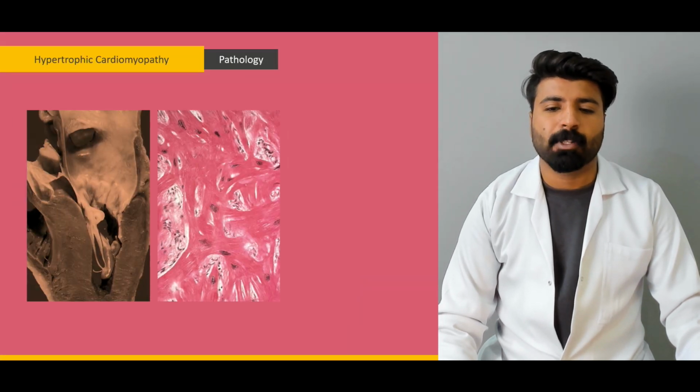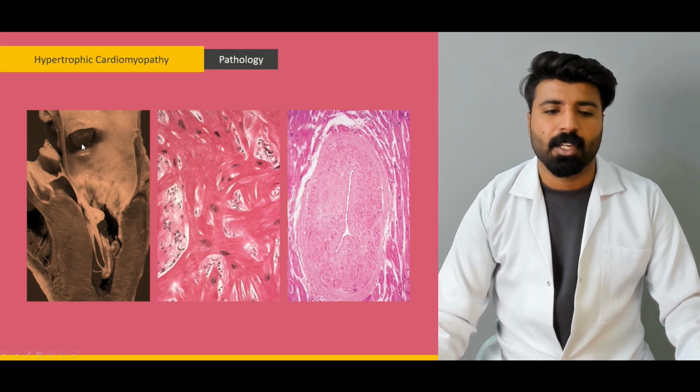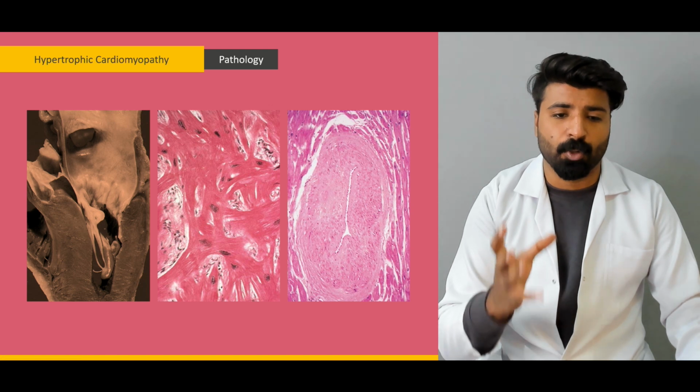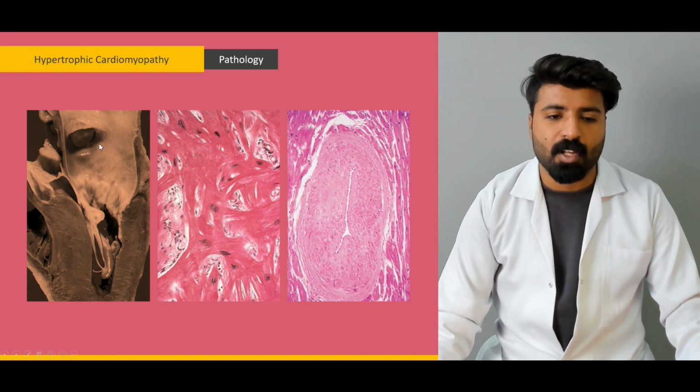So let's talk about the pathologies and these consequences. You can see now this is a diagram. You can see this is a photo, a gross structure of a patient who has hypertrophic cardiomyopathy.